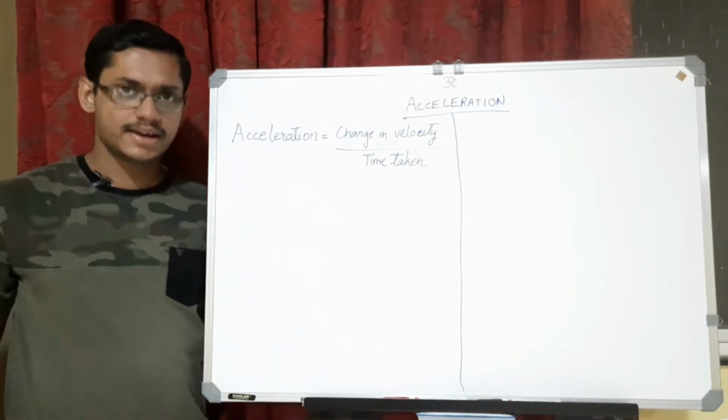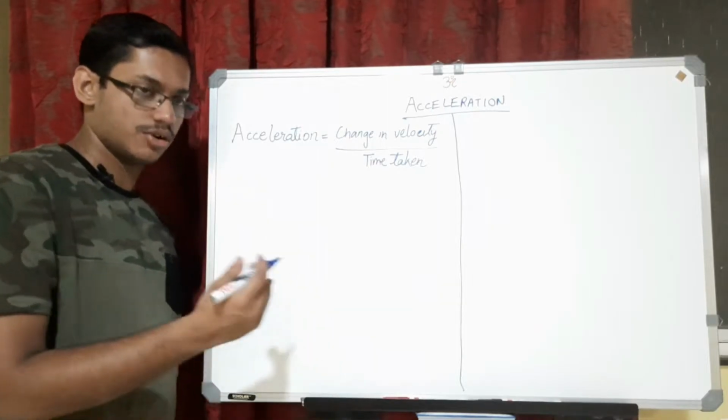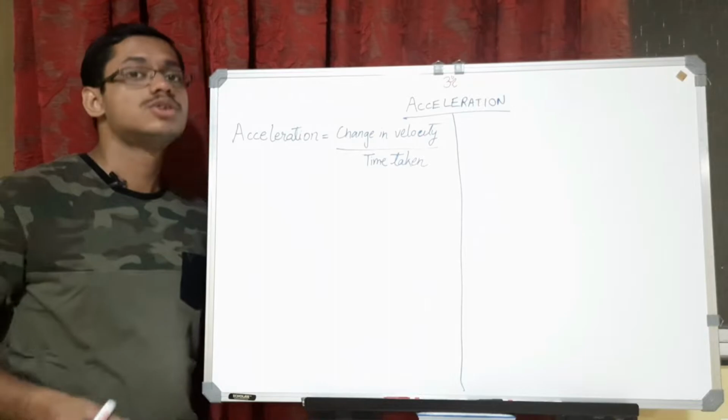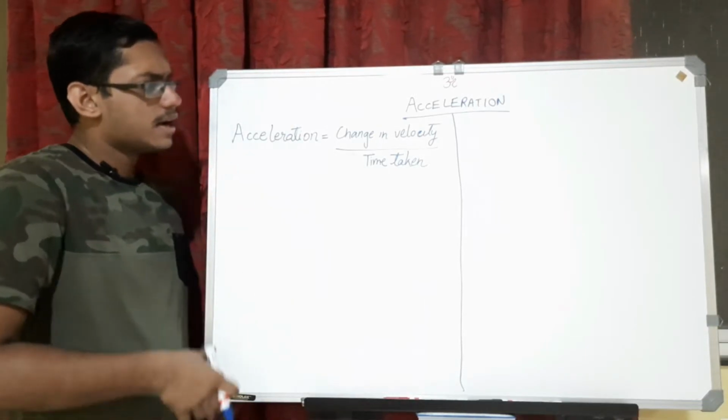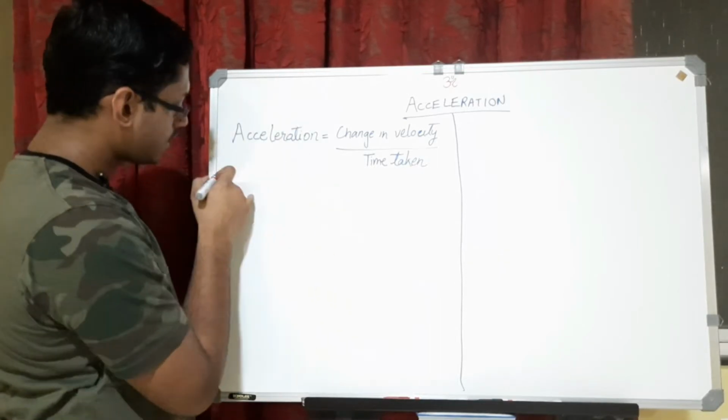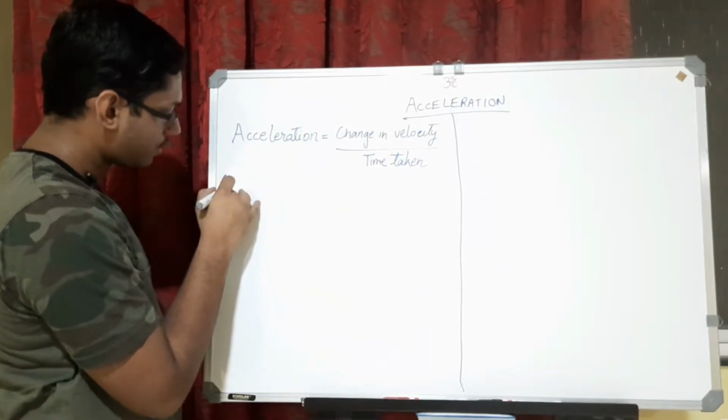So just as I explained, the velocity is being changed. It didn't happen in just a moment that from 0 it went to 60. Now to understand it more clearly, I will write the same thing in a more illustrated manner.